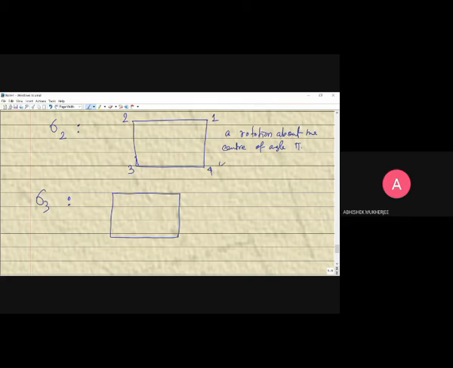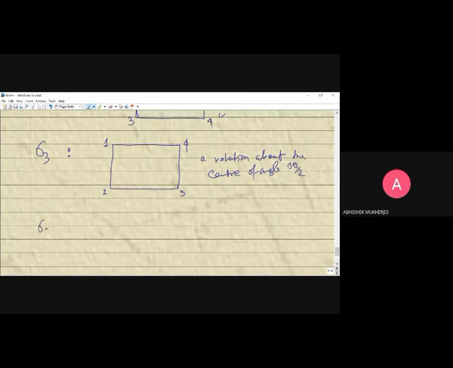This one. 1 goes to this, 2 goes to 2 here, 3 is here, 4 is here. That is another rotation about the center of angle 3 pi by 2, right?